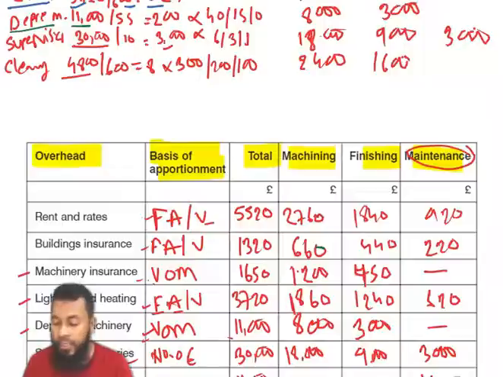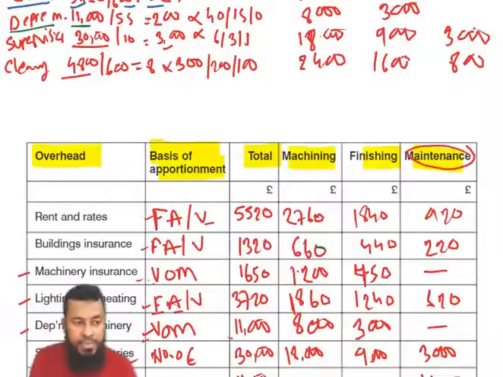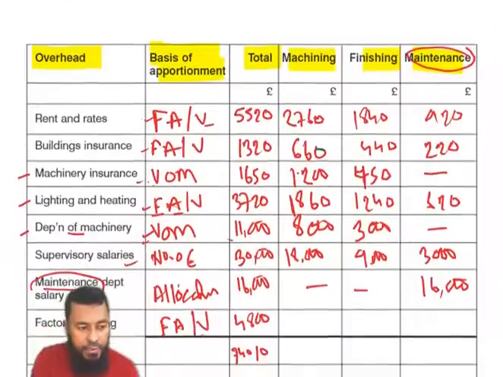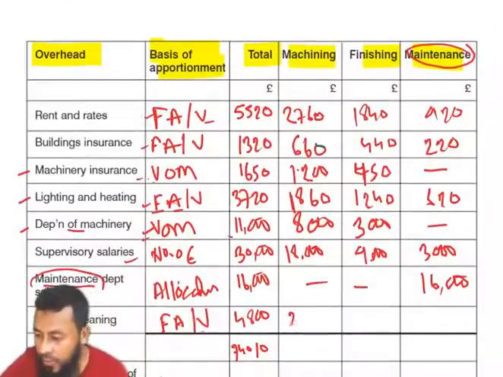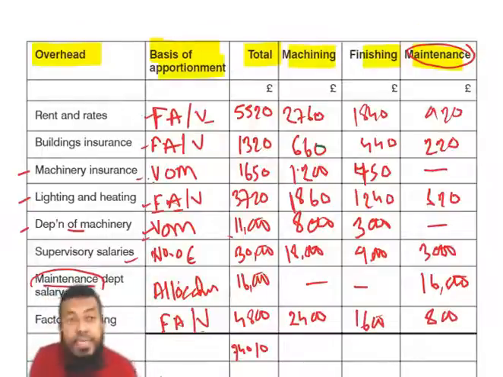I trust my calculator rather than any mental maths. 2,400, 1,600 and 800. That is your allocation and apportionment.